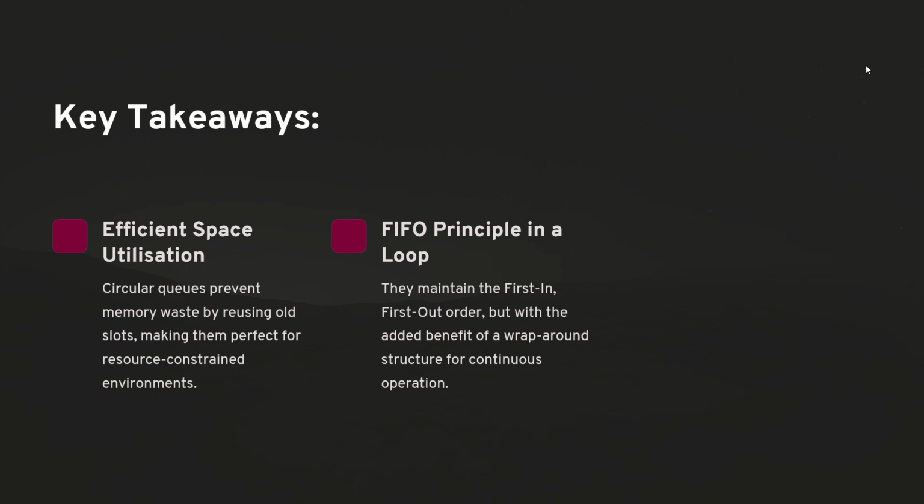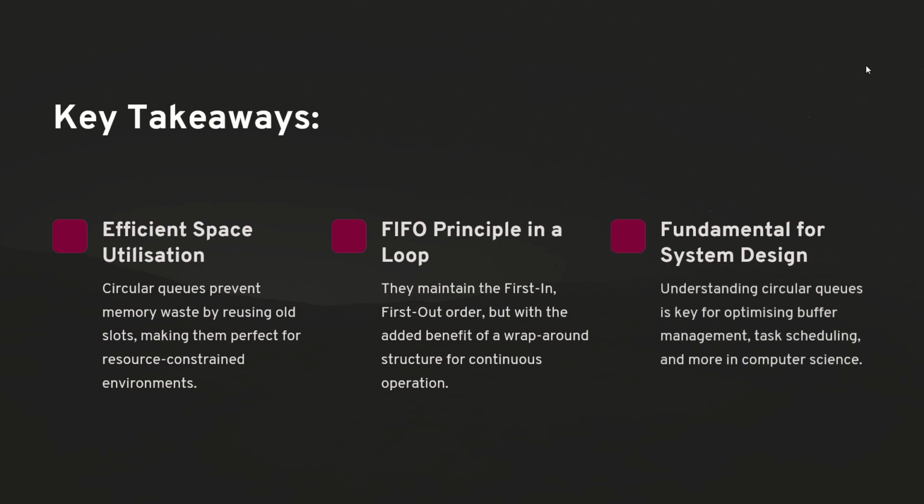They maintain FIFO, first in, first out, but with the added benefit of a wrap-around structure for continuous operation. Fundamental for system design. Understanding circular queues is key for optimizing buffer management, task scheduling, and more in computer science.